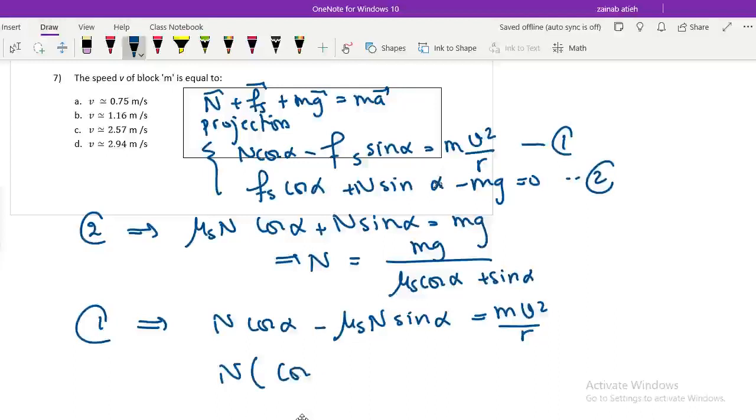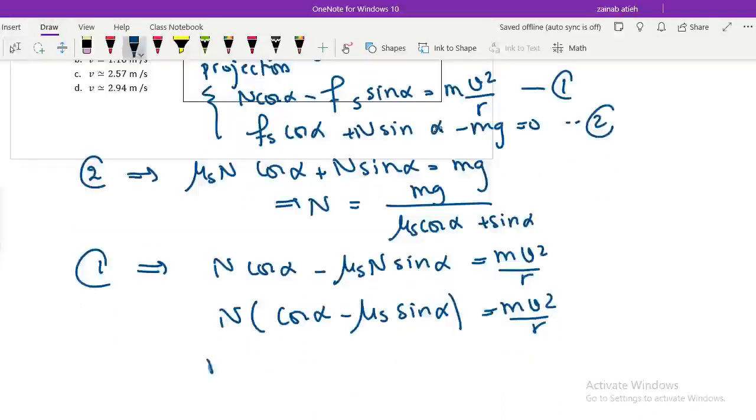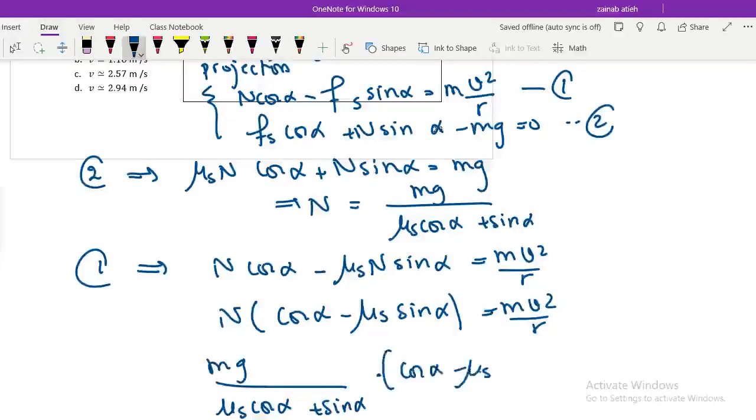So N times cosine alpha minus mu s sine alpha equals m v square over r. So I'll substitute for N. I will get mg over mu s cosine alpha plus sine alpha, times cosine alpha minus mu s sine alpha. It's equal to m v square over r.